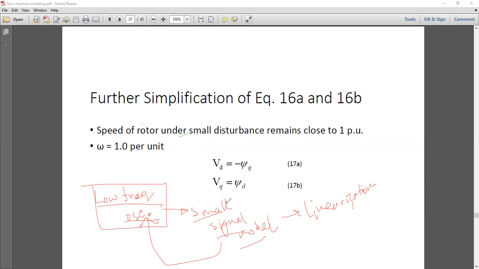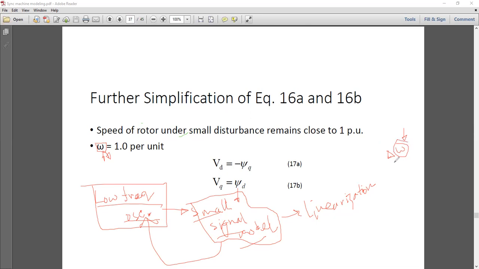Small signal means you are applying some small disturbance to your dynamic system and looking at the response. Because omega is one of your dynamic state variables, when we say small variation, we will be looking at some small change in omega. We're not looking at a large excursion of omega from the equilibrium.